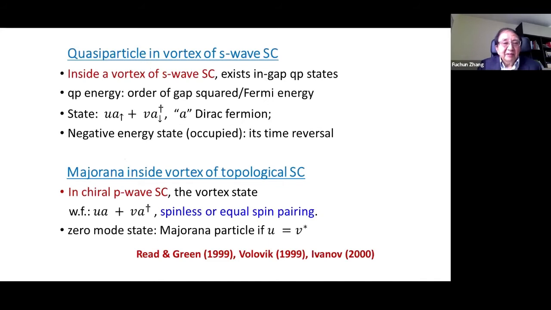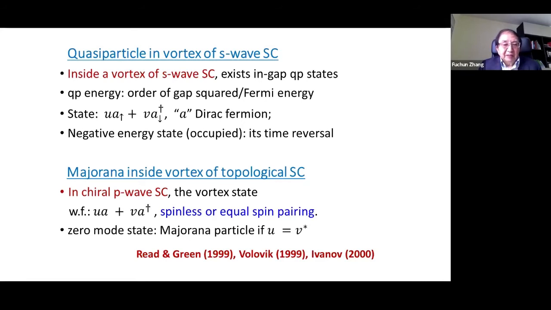As I said, the reason we possibly have a Majorana zero mode in the vortex of a topological superconductor is because I have a global quasi-particle, and in the global quasi-particle, I always have paired negative and positive energy states.